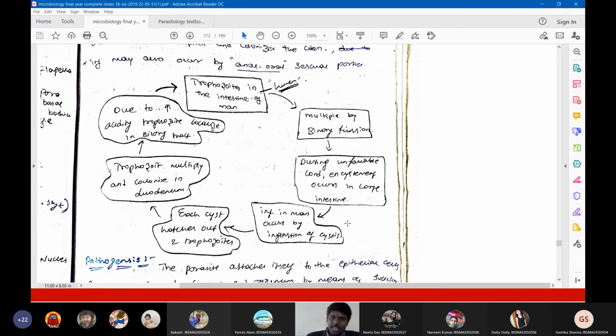Then this cyst will be ingested by another person, and infection occurs due to ingestion of this cyst. Then this cyst will once again go for excystation. That means the cyst becomes a trophozoite once again, and this trophozoite will be present in the duodenum and in the lumen of the jejunum of the intestine, and it will cause diarrhea and intestinal infection, and the life cycle will start again. So this is the simplified life cycle of Giardia lamblia.